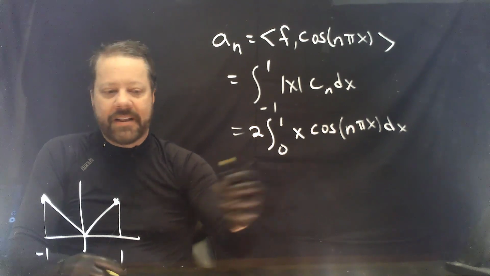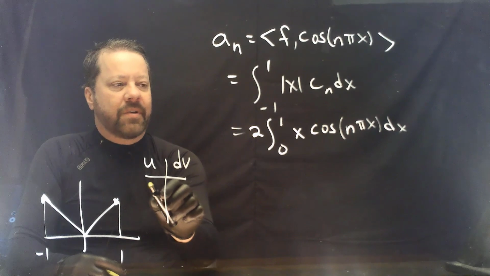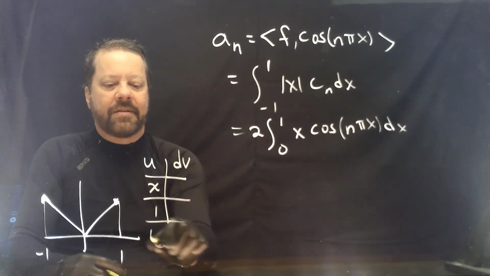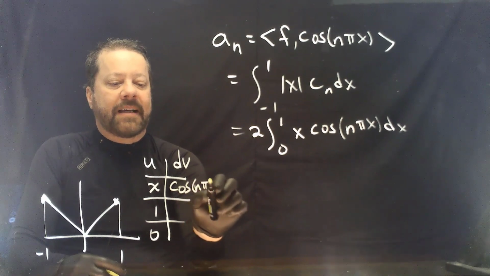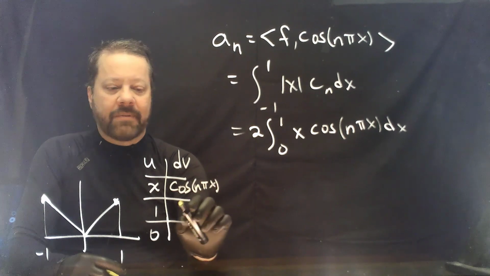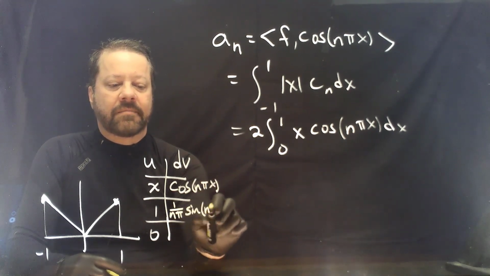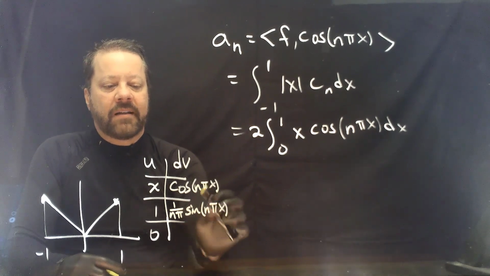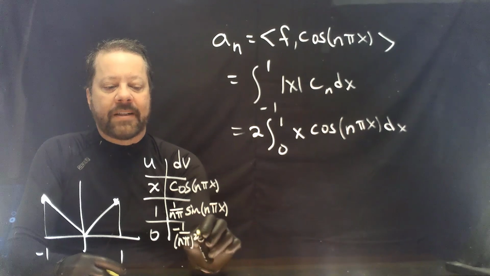If we integrate this by parts, u is going to be x, 1, and 0. We'll have cosine n pi x. We integrate down this side. So when we integrate cosine, we'll get sine, but we'll have a 1 over n pi. Integrate again, we'll get -1 over n pi quantity squared.